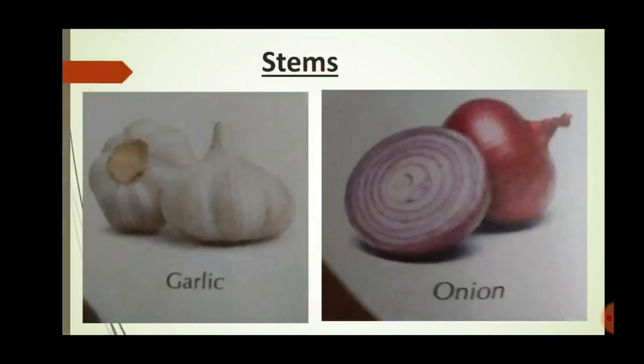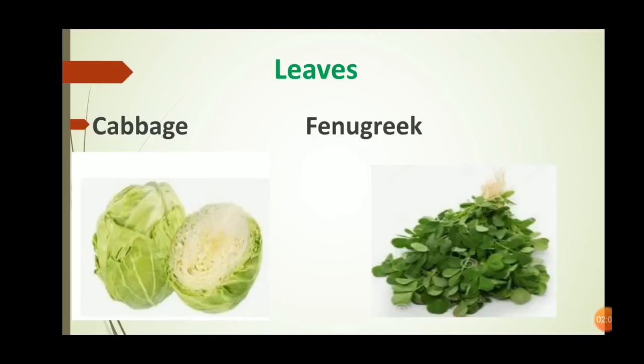Garlic, onion and ginger are the stems of the plants which we eat.